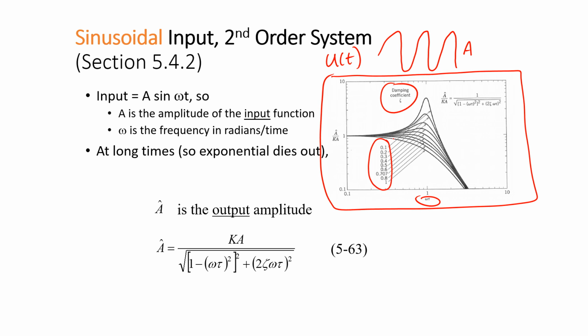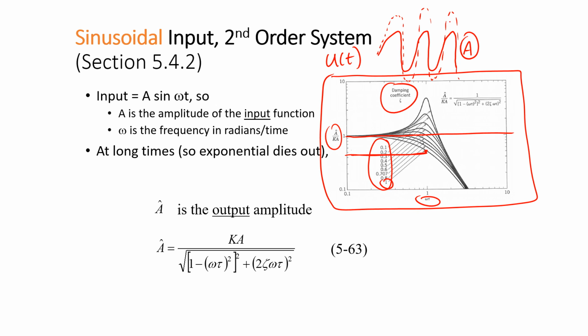So if you have a damping coefficient of 1, then we know that the amplitude divided by k times the amplitude of the input, that's the gain, is going to be less than 1. But if I have something greater than 1, then it's going to amplify the output of my second order system.